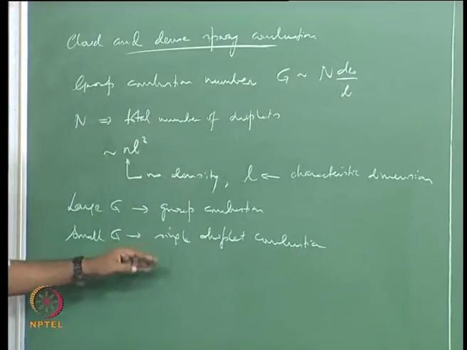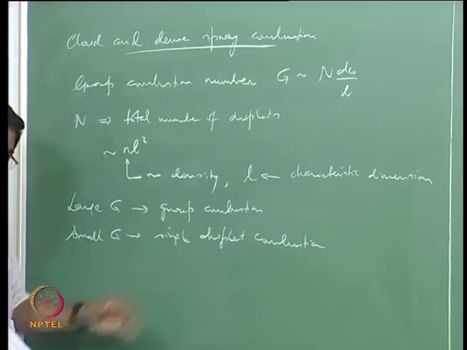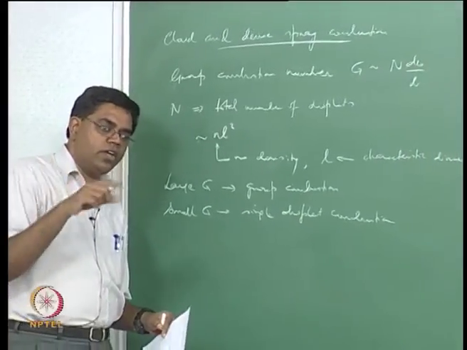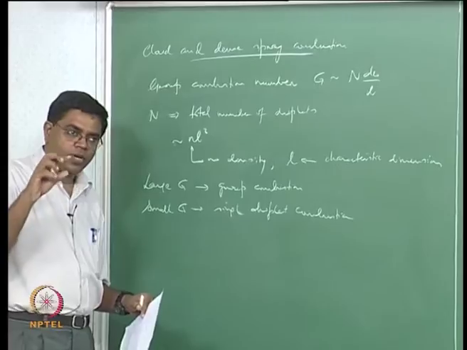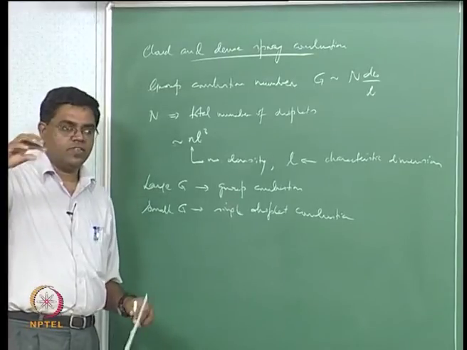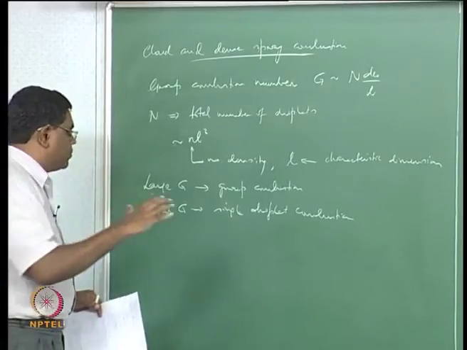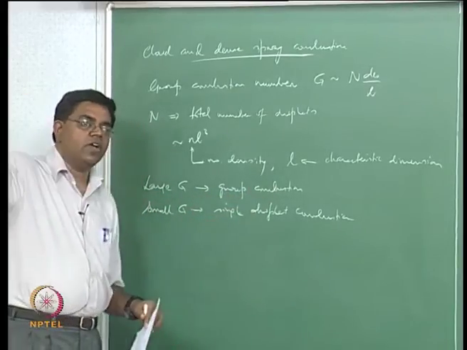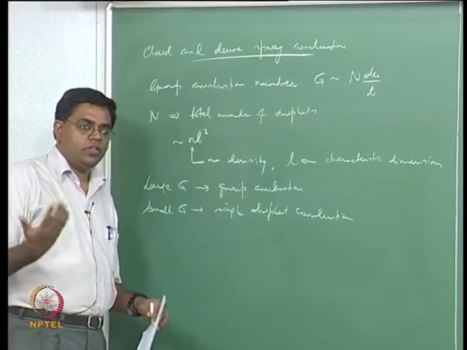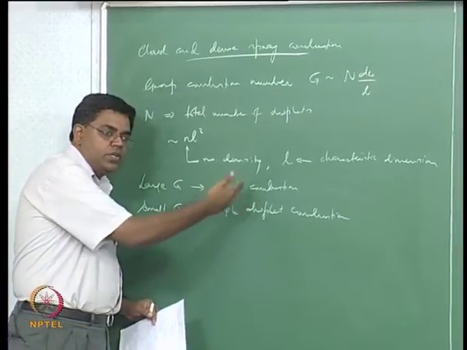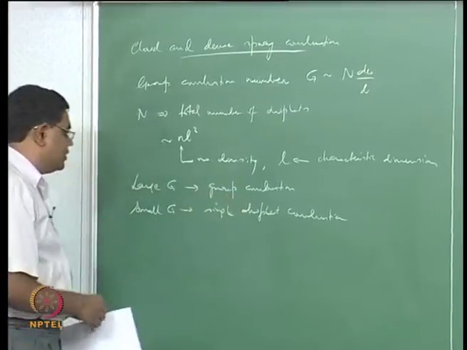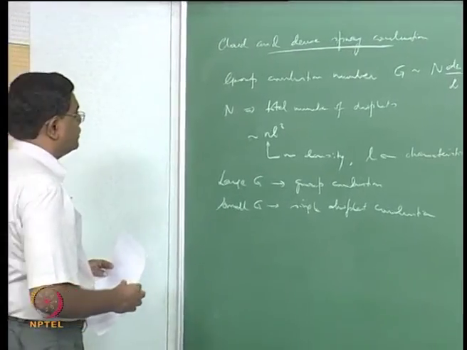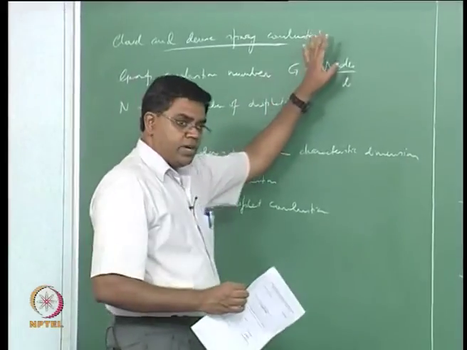Now in reality you could also have things that are in between. That means you have small clouds of droplets that are burning with a flame enveloping each, but many such clouds separately, as opposed to group combustion, where all the droplets that are there have a single flame. So there is a reality that's in between. These are extreme cases. The other thing you have to point out is that this is purely a geometric parameter.